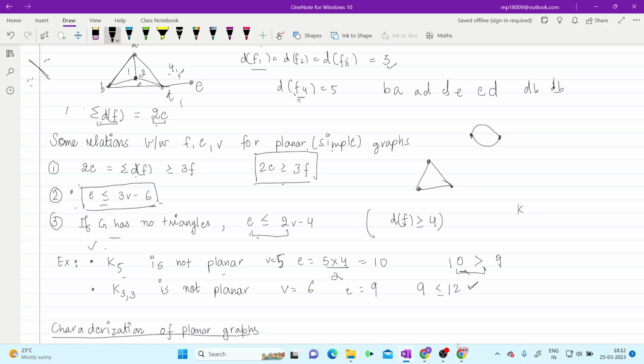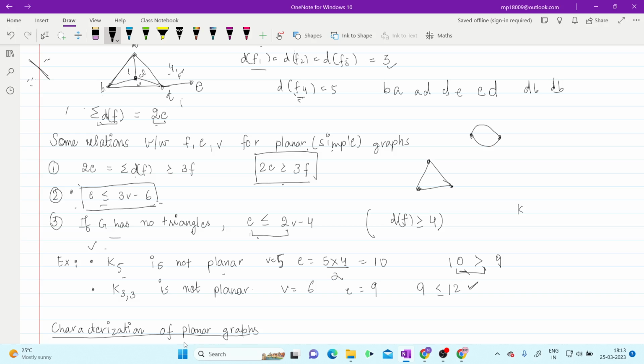So then how can we say that K33 is not planar? We cannot use the second, so we have to use the third. K33 has no triangles, because it is a bipartite graph. A bipartite graph cannot have any odd cycles.